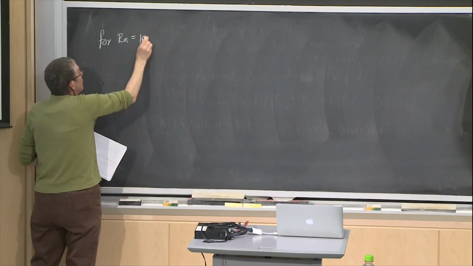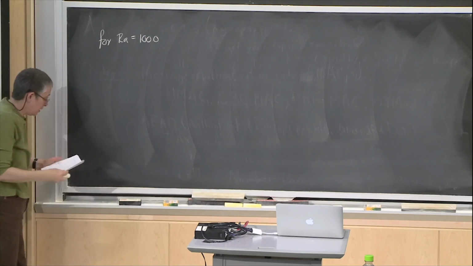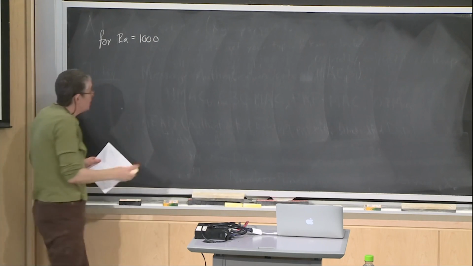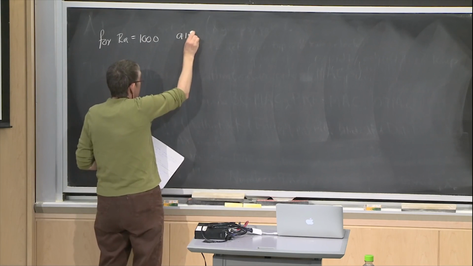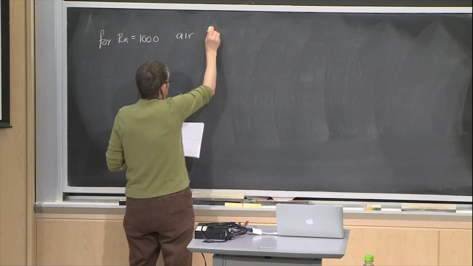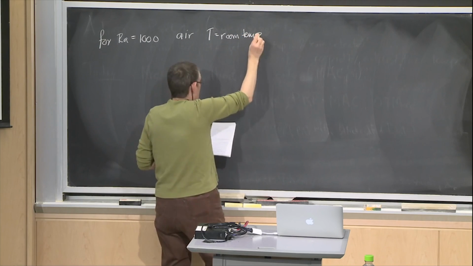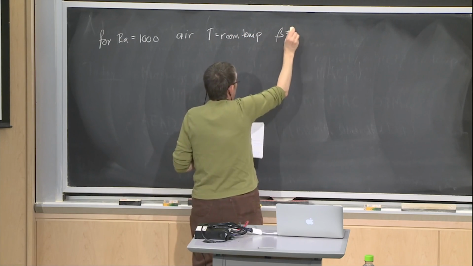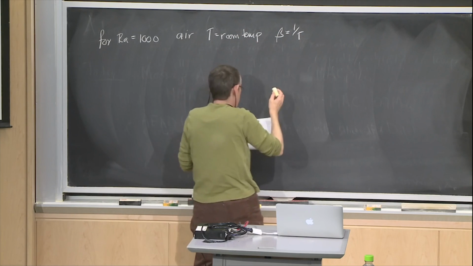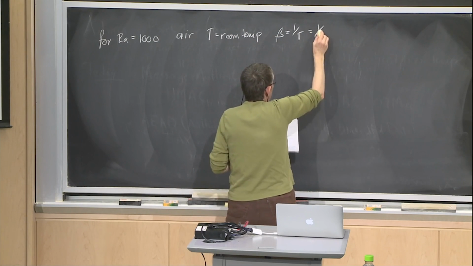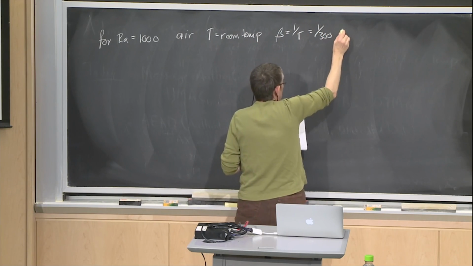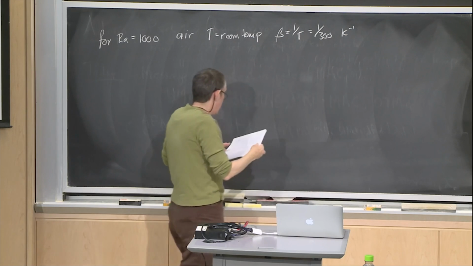So for the Rayleigh number, which is Ra, to be 1,000, say we had air in the cells. And say the temperature was room temperature. Then the volume coefficient of expansion is just 1 over T, so it's 1 over 300, say, K to the minus 1.